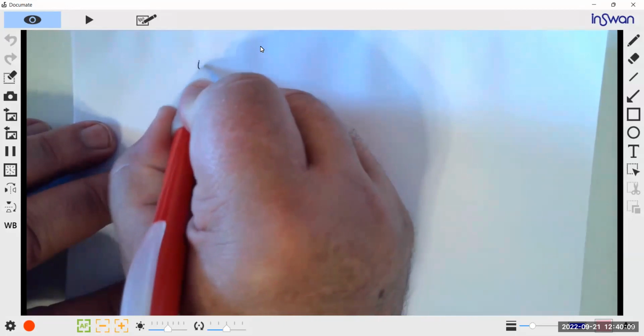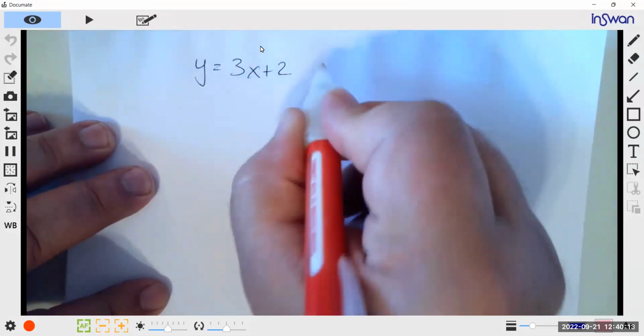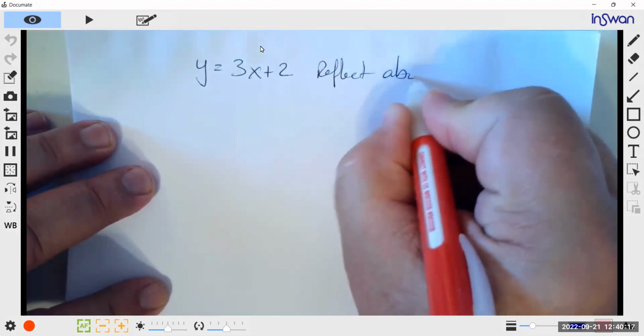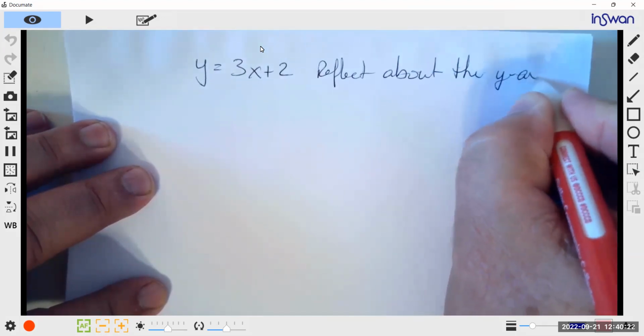Let's look at the equation and reflect it about the y-axis.